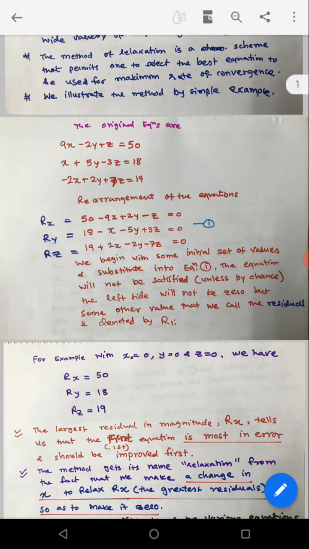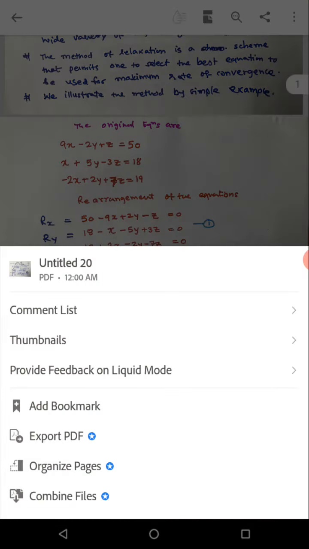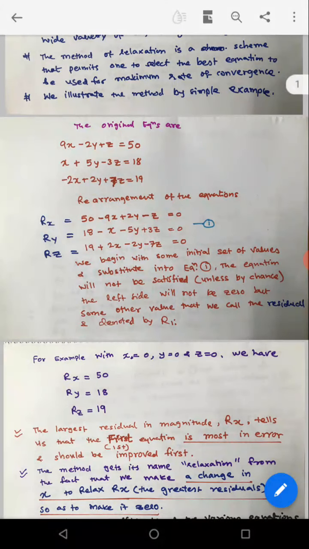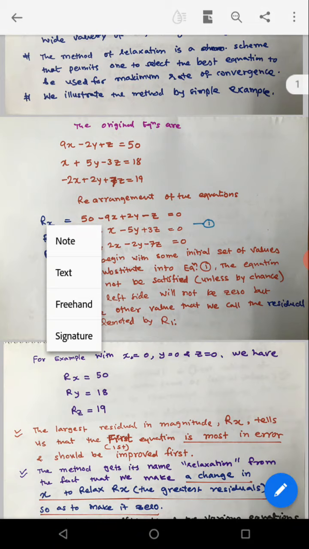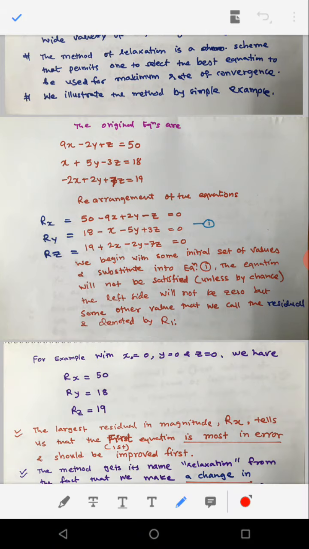Now we have to slightly rearrange the equations like shown in equation 1, where you rearrange the equation in such a way that these Rx, Ry and Rz are called residuals in this method, and all the coefficients are brought on the left hand side.